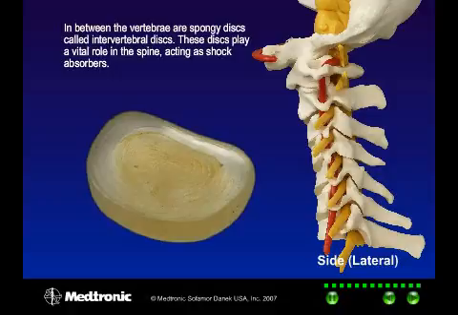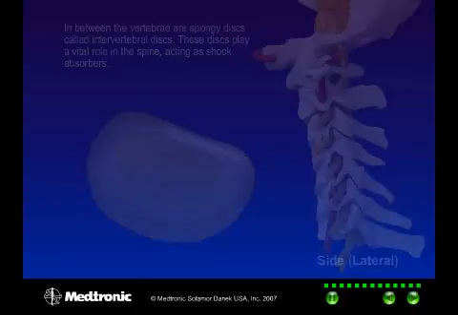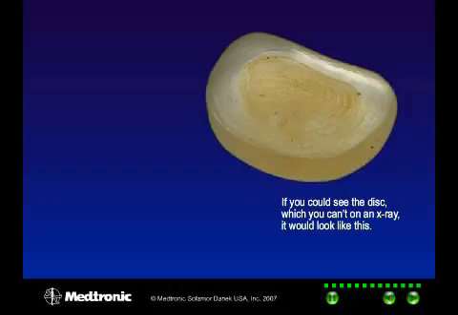In between the vertebrae are spongy discs, called intervertebral discs. These discs play a vital role in the spine, acting as shock absorbers. If you could see the disc, which you can't on an X-ray, it would look like this.